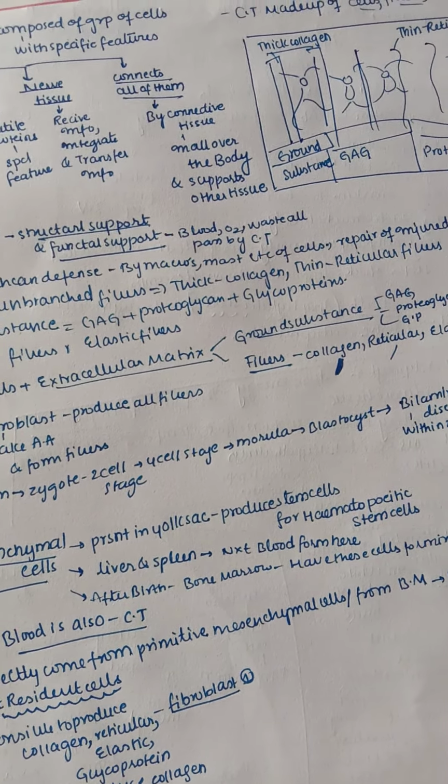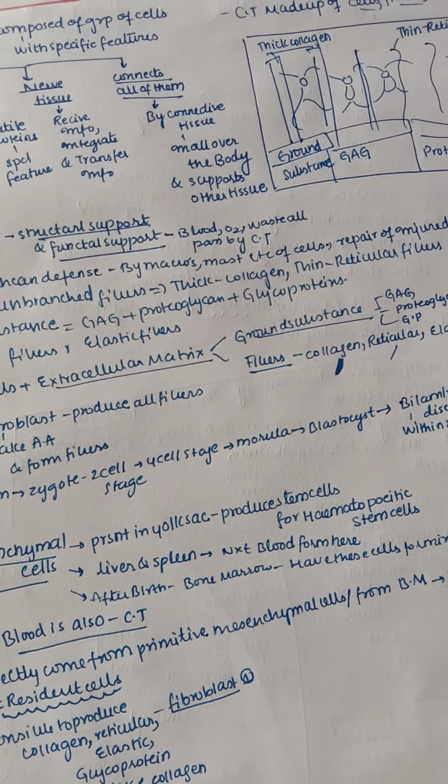The thick and thin unbranched fibers are present, the thick one being the collagen. You can see this is mainly a connective tissue outline structure. This is the ground substance, these are the fibers, and these are the cells present in between the fibers. This is a thick collagen fiber and this is a thin fiber known as reticular fiber. In between, the branching fibers are the elastic fibers.